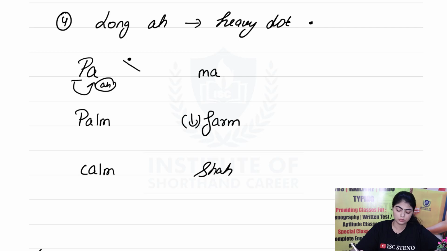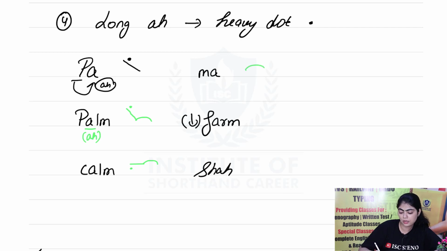Now let us see. The first word is palm, pa-am. So pa, heavy dot for AH and m. This is giving the sound of AH, palm. Similarly, calm, ka-am. So ka, a and m, calm. Okay. Next is ma, ma-a.